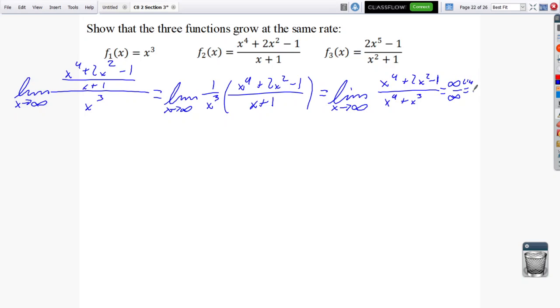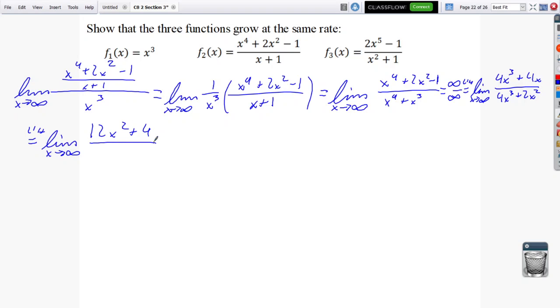So using L'Hopital, we're going to have limit x approaches infinity of 4x cubed plus 4x over 4x cubed plus 2x squared. If only that denominator had canceled out already, we could be done, but it didn't. We're going to keep L'Hopital-ing here. Limit x approaches infinity of 12x squared plus 4 over 12x squared plus 4x.